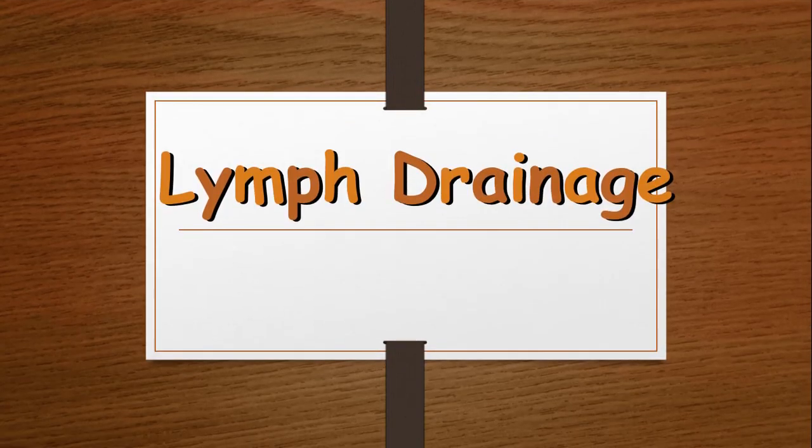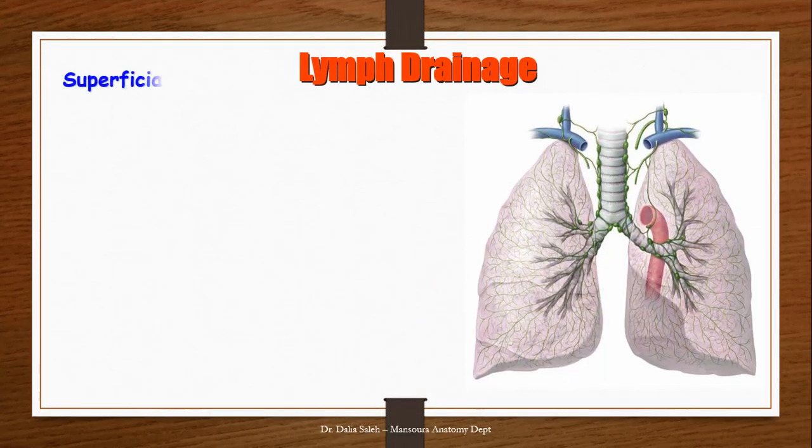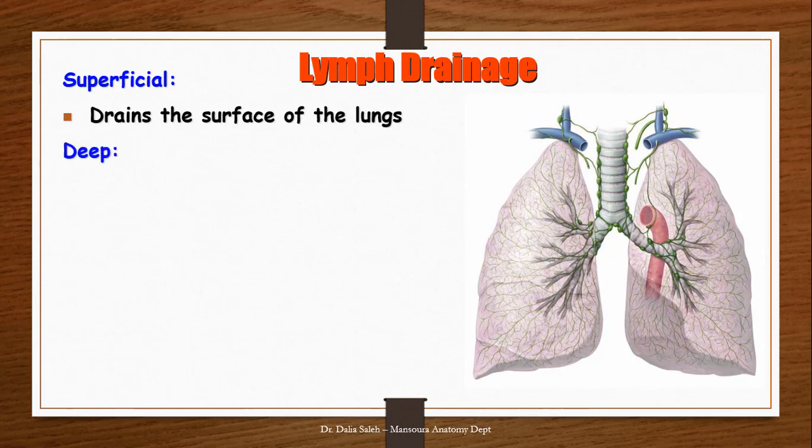And for the lymphatic drainage, we have superficial lymphatics that drain the surfaces of the lungs and deep lymphatics that drain the deep structures of the respiratory system.